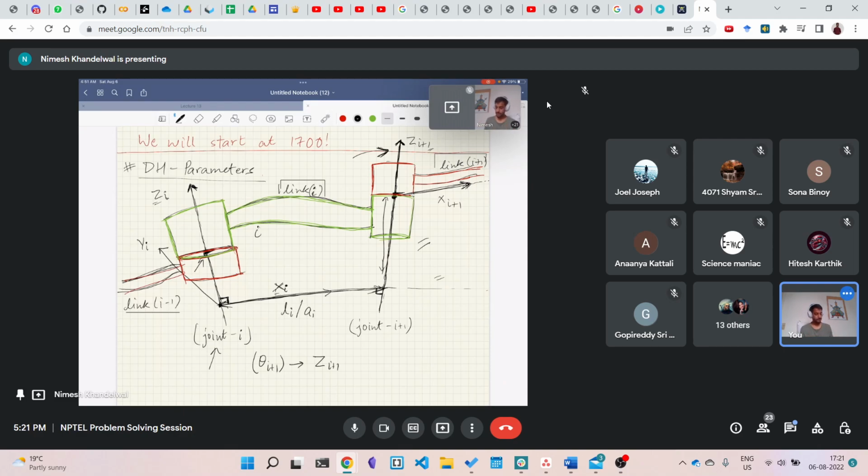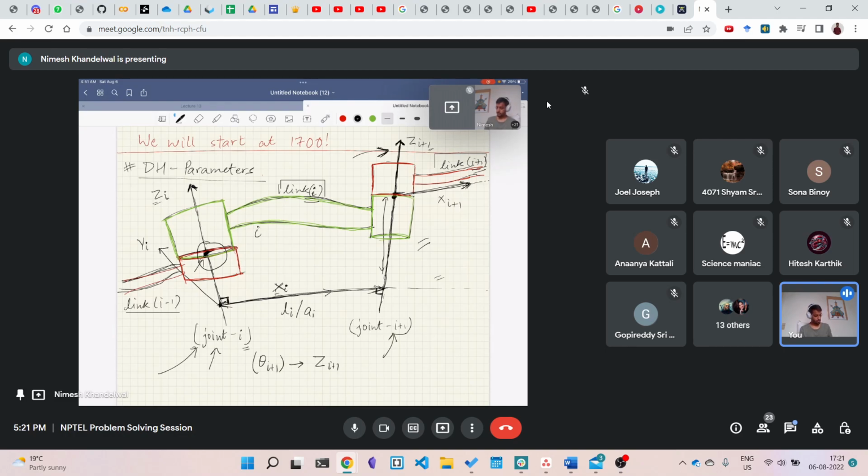I've chosen that the joint between i minus 1 and i is what I will call joint i. This is what J.J. Craig had chosen, and he has told everyone that you can also do the same. And so subsequently, the frame between link i and link i plus 1 becomes joint i plus 1.